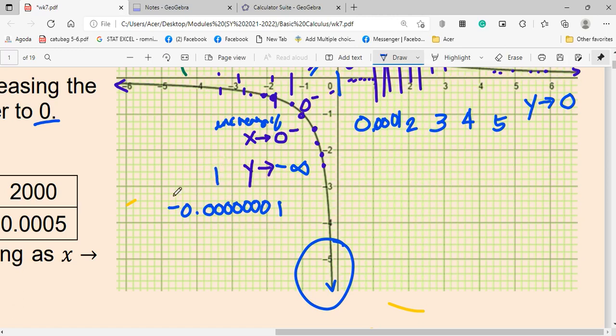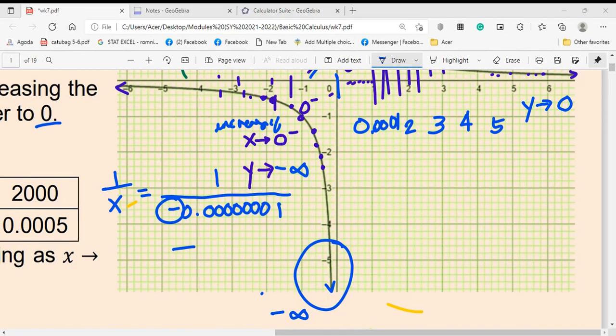So, ibig sabihin, 1 over that, because you have 1 over x. And that negative sign just always indicates your answer will always be negative. So y just keeps on decreasing, and we talk about negative values.